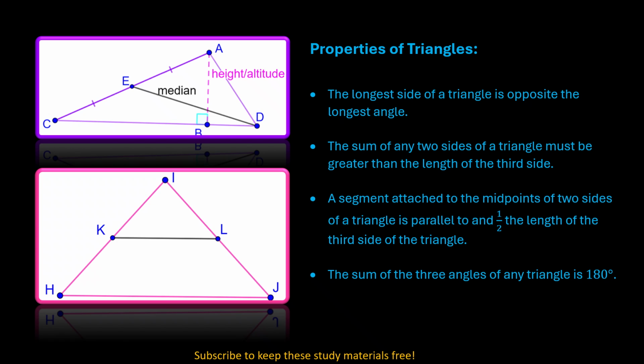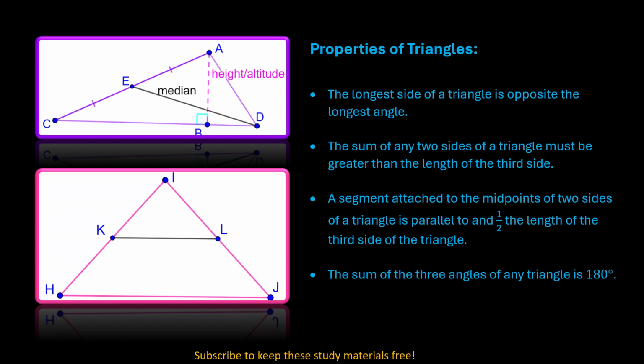The longest side of a triangle is opposite the greatest angle. That's a property that we should use all the time. The sum of any two sides of a triangle must be greater than the length of the third side. Definitely a property that we would use quite a bit.